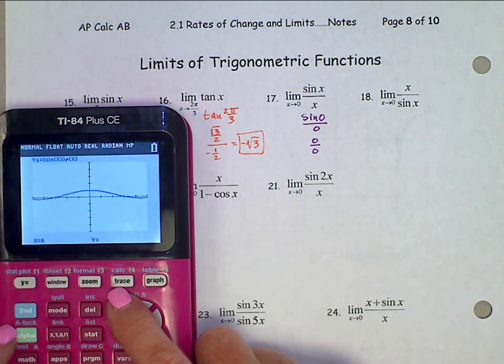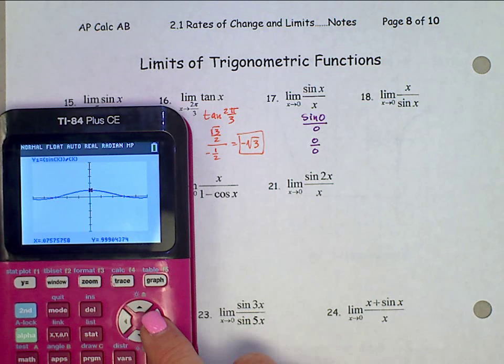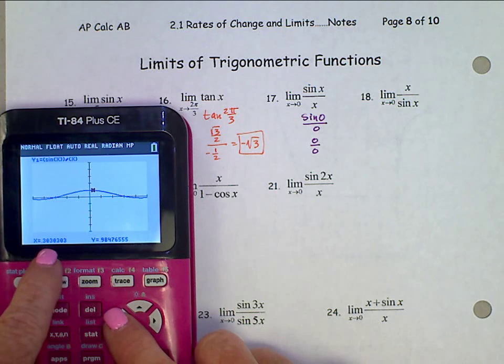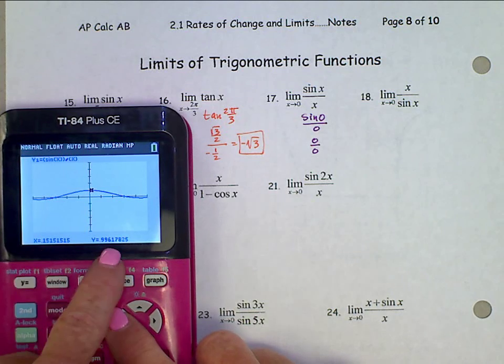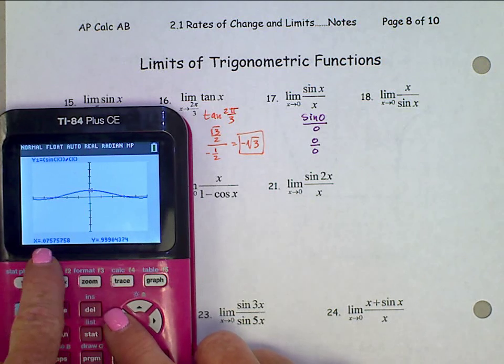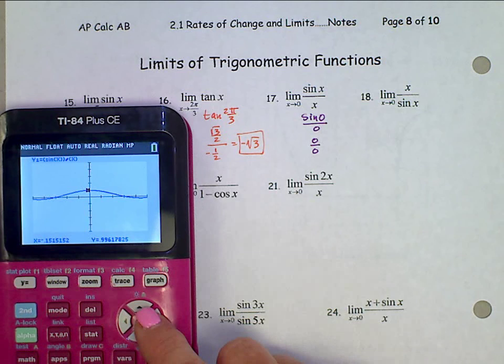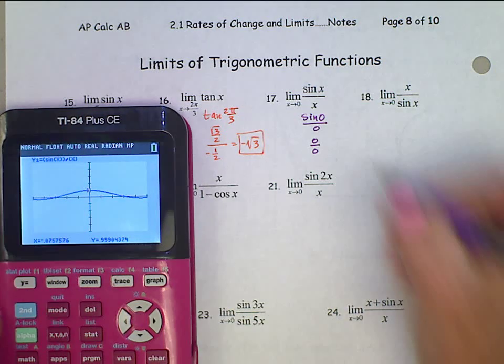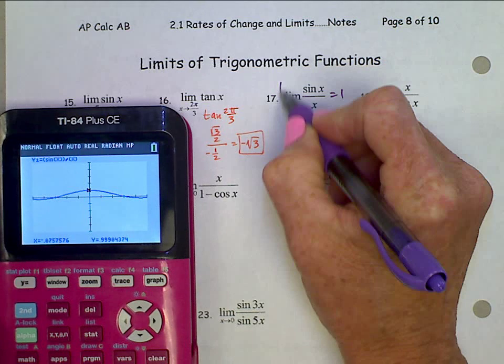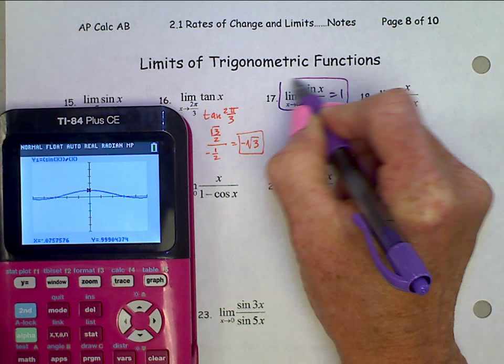But now hit trace and arrow to the right, and we can see as x is getting closer to 0 from the right-hand side, the y values are getting closer to 1. As a matter of fact, at 0.07 for x, y is 0.999. If we go on the other side, we will see the same thing. Moving closer to x is 0 from the left-hand side, y values are approaching 1. This is a limit that you need to memorize.